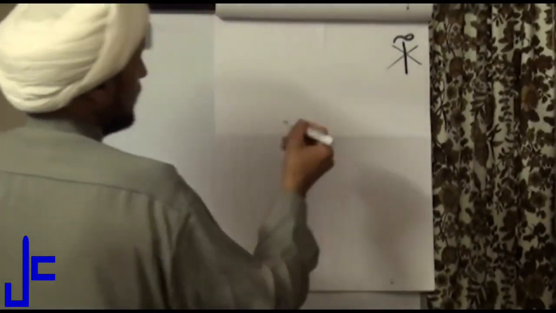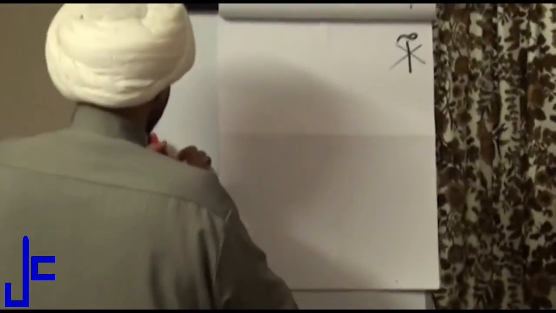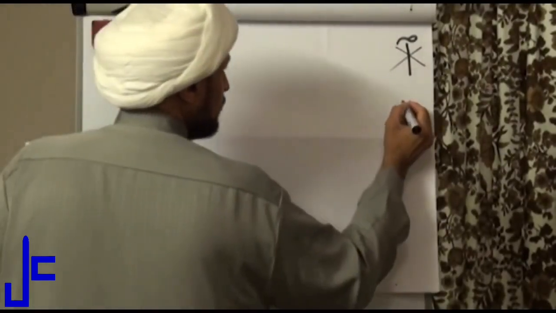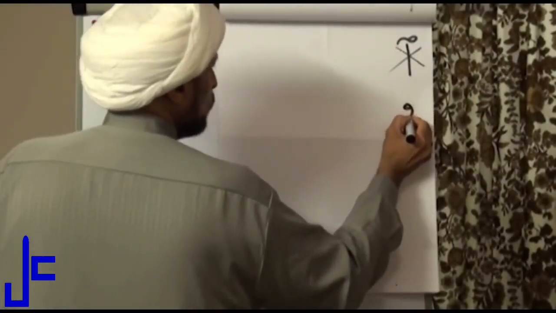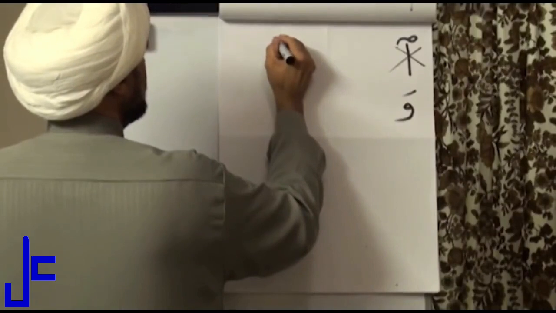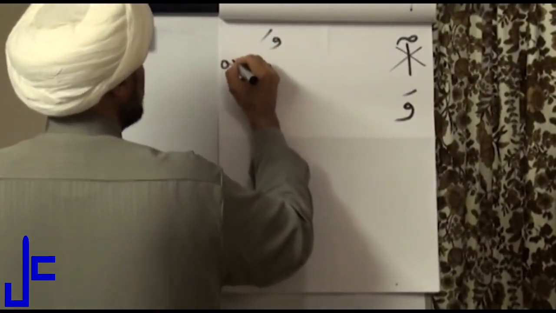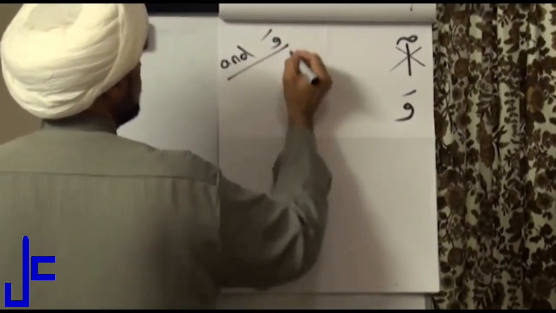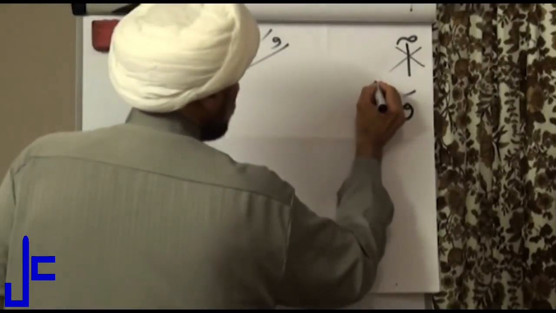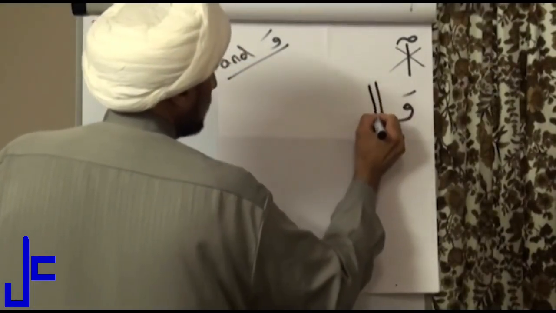Remember our sun letters and moon letters? In Arabic, wa means "and". It's a conjunction.